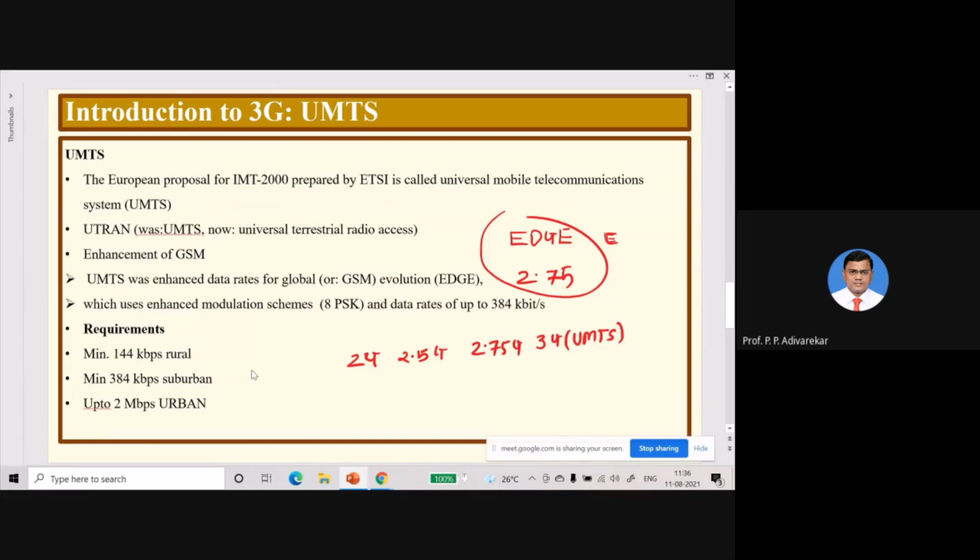Okay, so 3G, we know the term 3G, but we don't know the term UMTS.